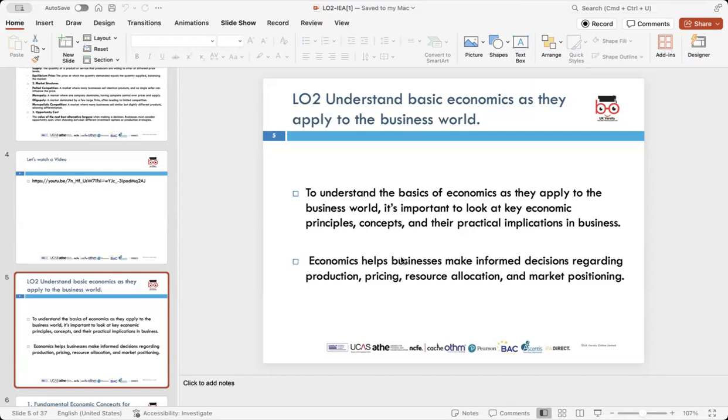By integrating economic analysis into their decision making processes, businesses can improve their competitiveness, financial stability, and long term growth prospects. So, now we will discuss some fundamental economic concepts that businesses must consider in their operations. Any questions so far?